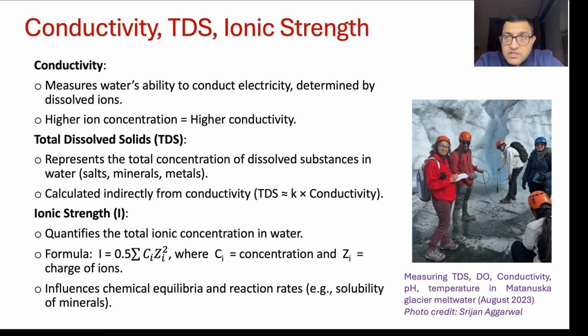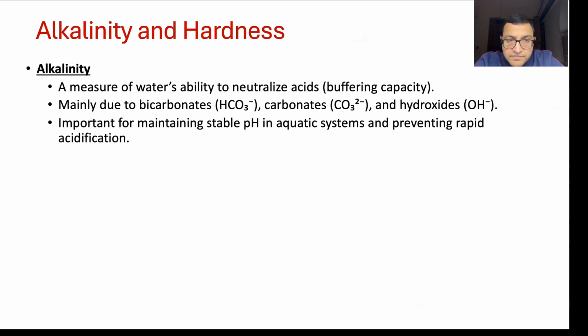If there is a high ionic concentration, that would lead to high ionic strength, but that can reduce the mobility per ion and in turn also reduce the conductivity. So you see there's a slight difference between conductivity and ionic strength. But the three of them, the conductivity, TDS, and ionic strength, are somewhat related, but not exactly.